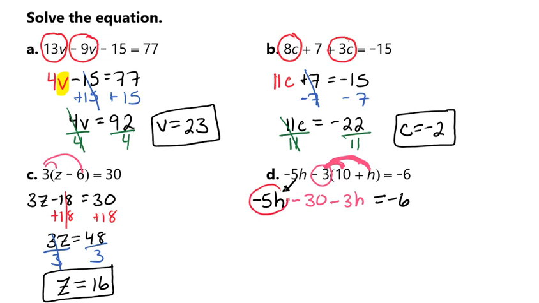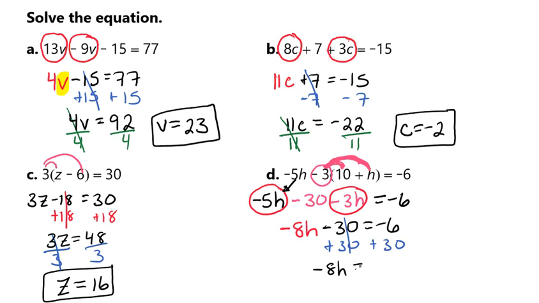Now we'll combine our negative 5h and our negative 3h, and that's going to give us a negative 8h minus 30 equals negative 6. Then we'll add 30 to both sides to get negative 8h equals 24.